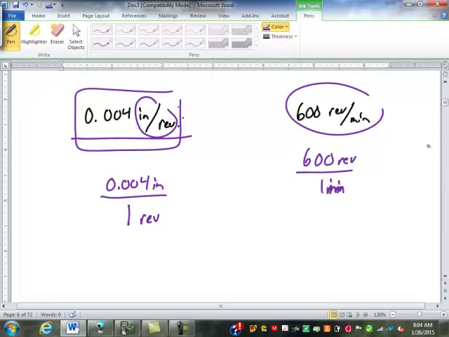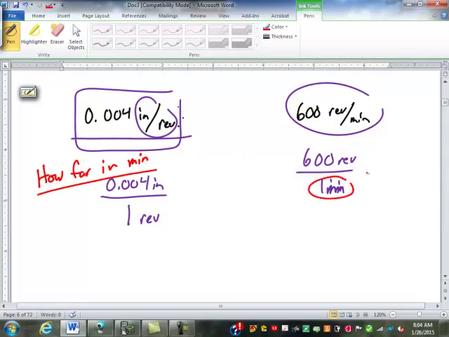Now, obviously, they don't have the same label, so I'm not going to put the whole things together. But what I can do is this. I want to know how far I can cut in 1 minute. So this is already per 1 minute, so I can just use that 600 revolutions.